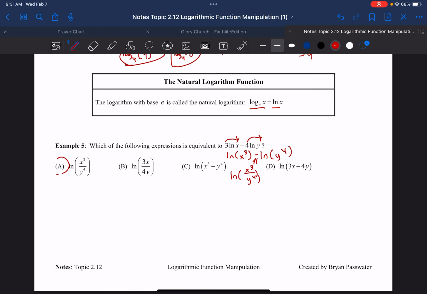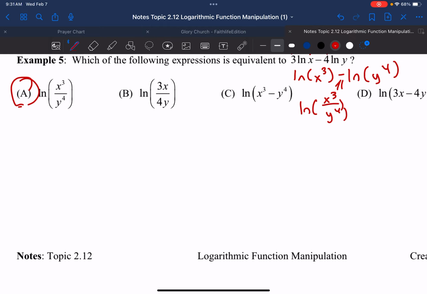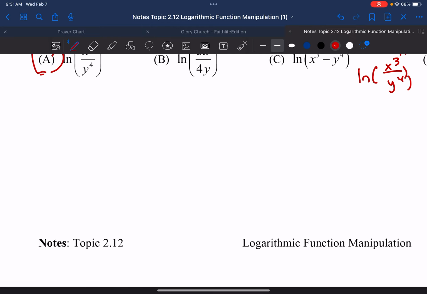But before we're done here, I know the note's in here, but I want to do another example of one that might look a little bit weird. Let's expand this one.